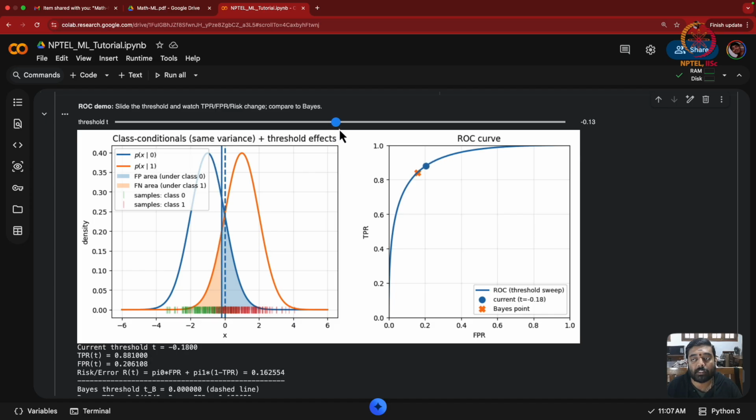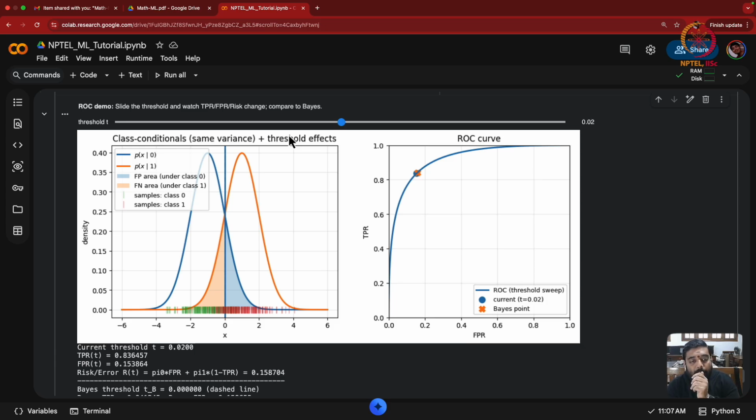The best thing that you get is at this. Okay. So this is what I have been trying to explain to you: as you vary the tau, your trade-off between one type of error and the other type of error varies, which you can programmatically see now in this particular given animation.